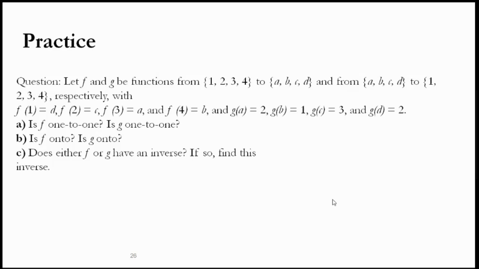Just draw a diagram, a graph representation, and find out: is f one-to-one and is g one-to-one, is f onto and g onto, does either f or g have an inverse? If so, find the inverse. This can be easily solved by making a graph of a, b, c, d with the mapping, then you can easily say whether f is one-to-one or onto, and whether f or g has an inverse or not.